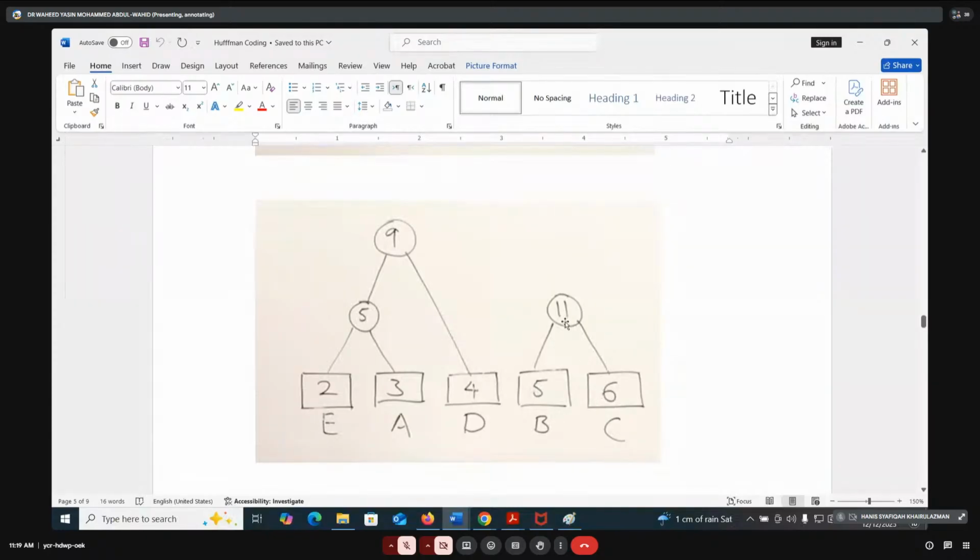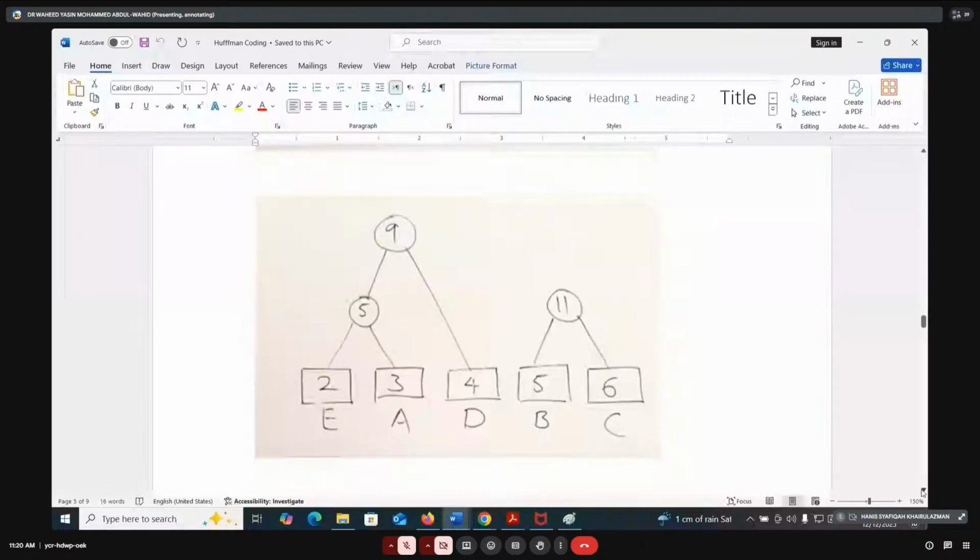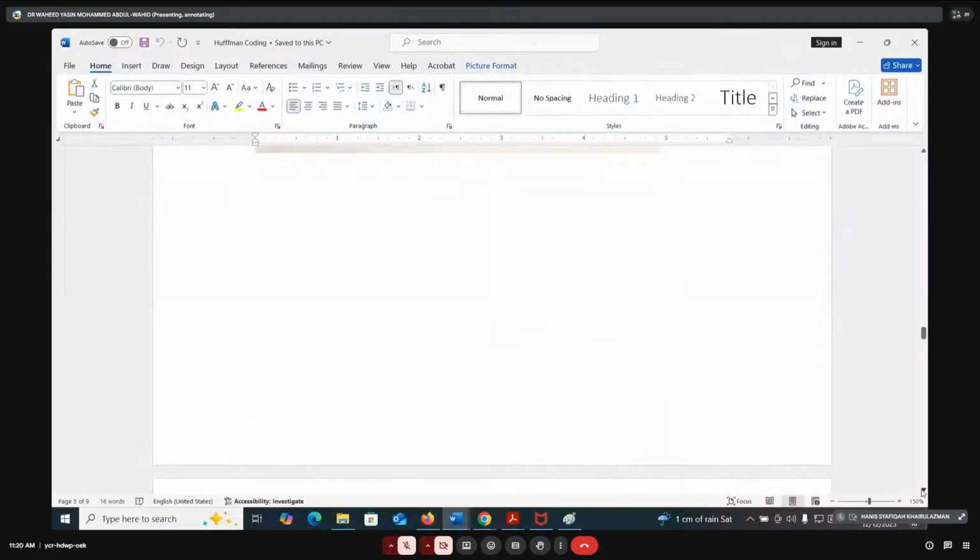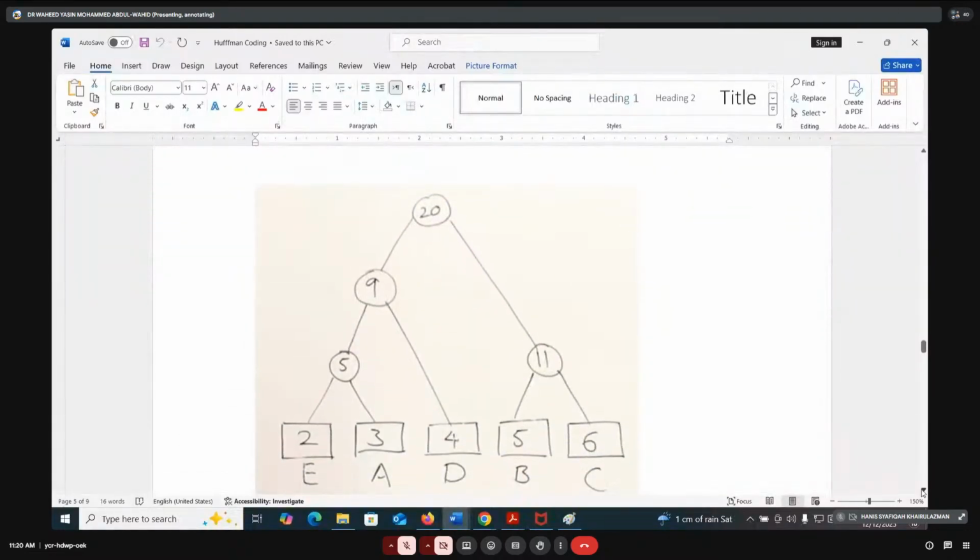Now neighbor nodes, I connect them and try to find the minimum. So 2, 3, 5; 4, 5, 9; and 5 and 6, 11. Now 11 and 9, how much? 20.